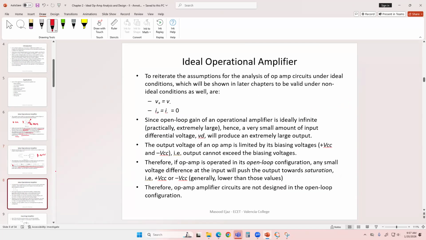So ideally, the current going into the positive terminal and the negative terminal both are equal to 0. In practice, there's a small biasing current, as we're going to discuss. But generally, there is no current that flows into the operational amplifier. So these results are used when we are analyzing different circuits that are based on op amp.